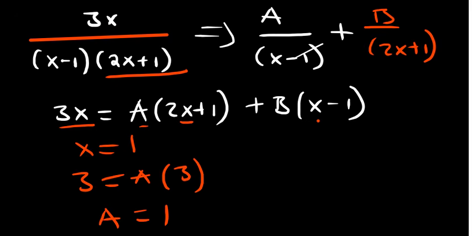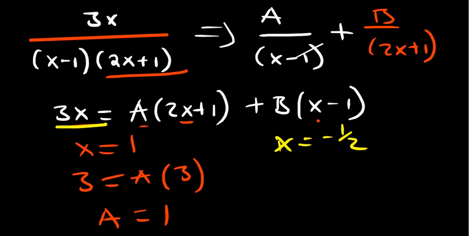For us to find the value of b, we have to eliminate a there. So what value can you put where there is x there to make it a 0? It's going to be negative 1 over 2. Negative 1 over 2 by 2 is going to be a negative 1 plus a 1 is 0. So we are saying let our x be equal to negative 1 over 2.